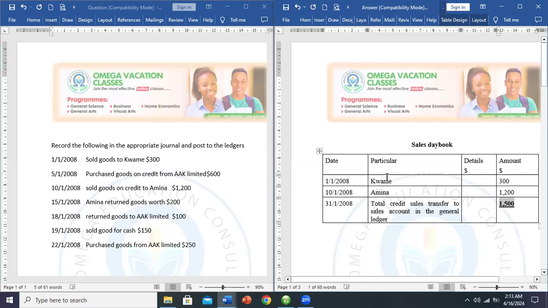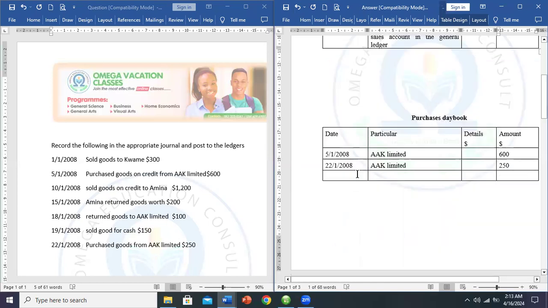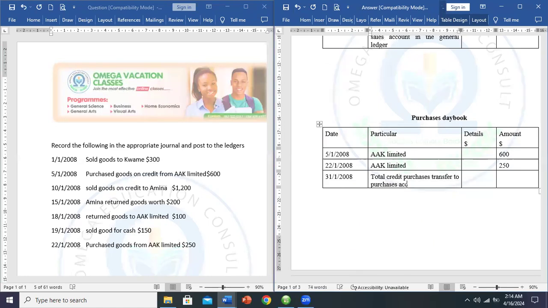So we'll do same for purchases, 31st January 2008. Total credit purchases transfer to purchases account in the general ledger. The total is 850.